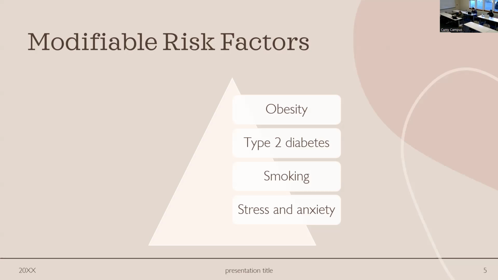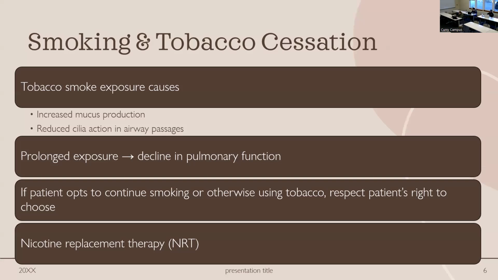Generally leads to chronic bronchitis and emphysema. And stress and anxiety, hyperventilating, so you're reducing your CO2 in your system, could cause dizziness and fainting. Smoking and tobacco cessation, that's pretty big in a lot of hospitals and clinics.